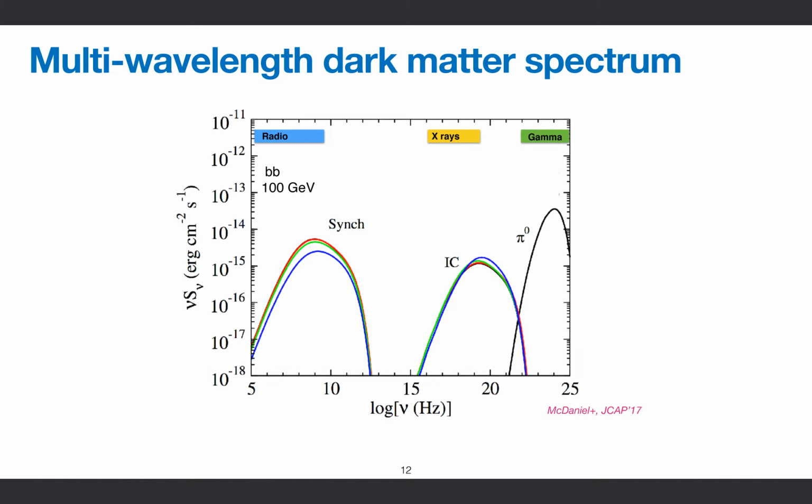Then you have the inverse Compton peak at X-ray energies, and then the synchrotron peak at radio energies. So when you want to look for a signal for dark matter, you can actually combine all wavelengths in order to better get constraints on the parameter space.